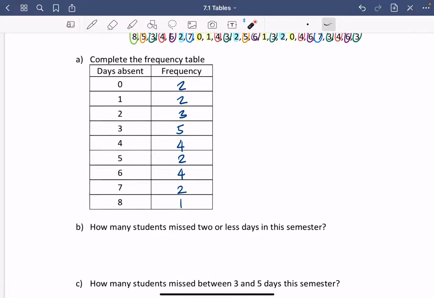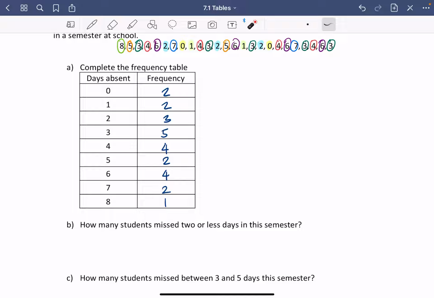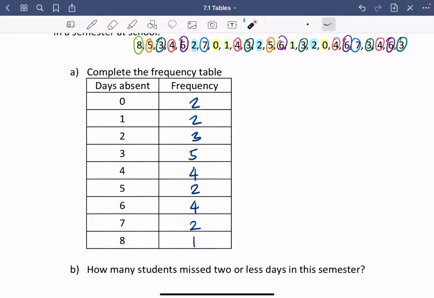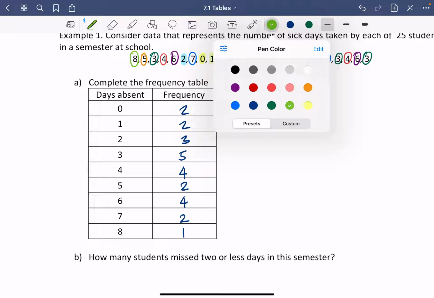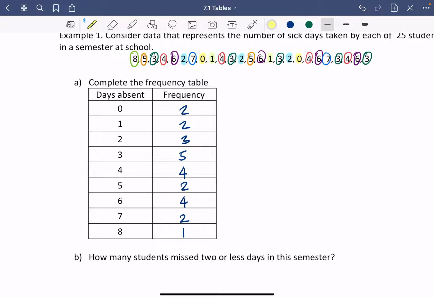Now first question, how many students missed 2 or less days in this semester? 2 or less means anywhere between 0 and 2.